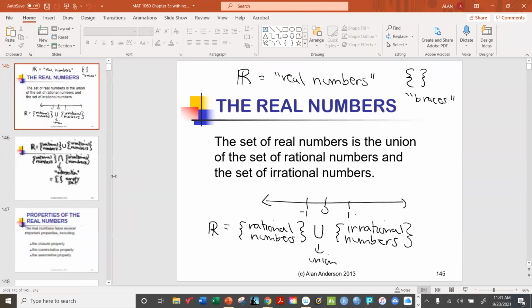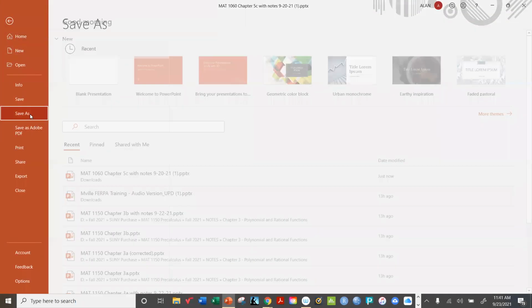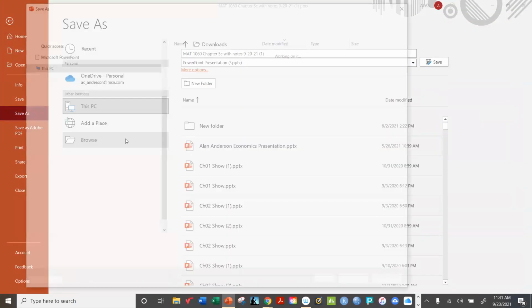So anyway, now if you remember, we're still sort of in the middle of our discussion about sequences. And so we started to talk about arithmetic sequences, and we saw how to identify a specific term in an arithmetic sequence. Now, where we left off is sums of terms. Okay, so first let me save this real fast.